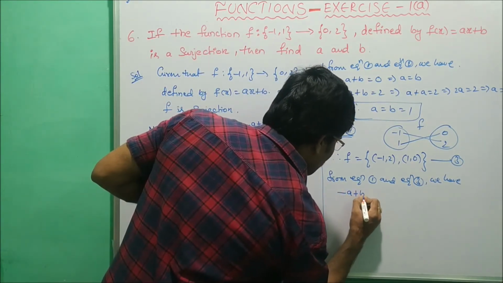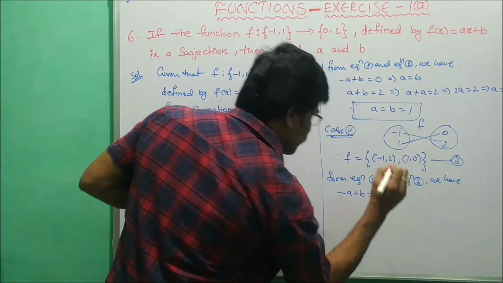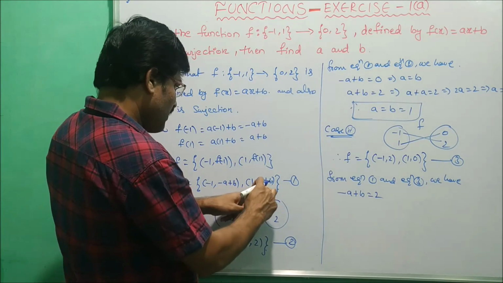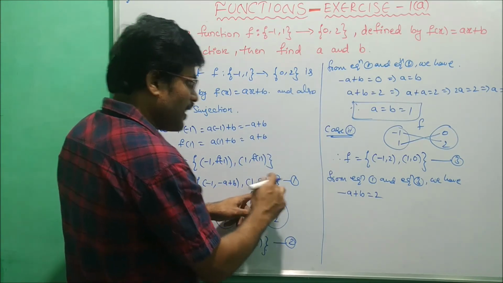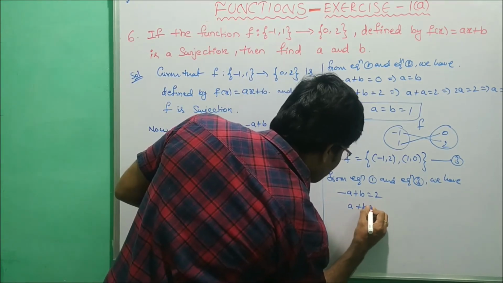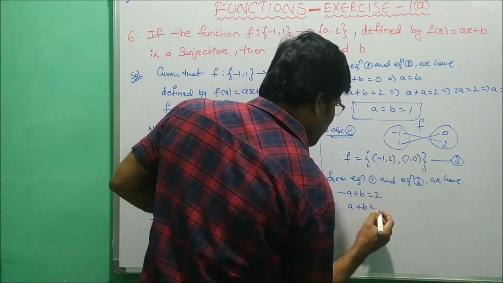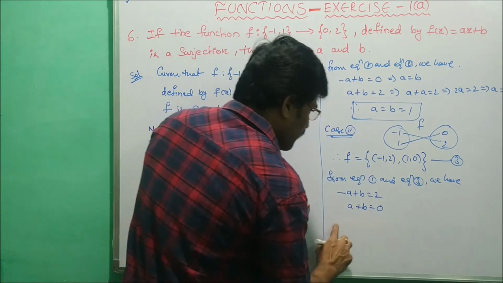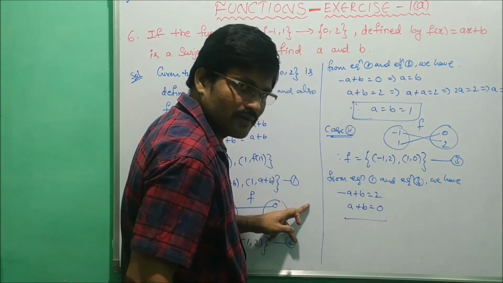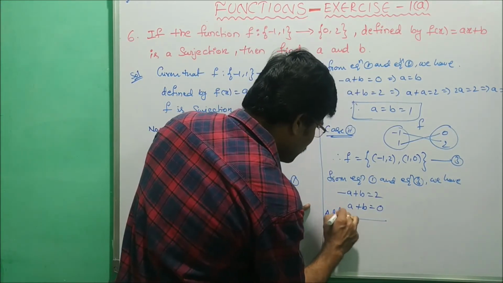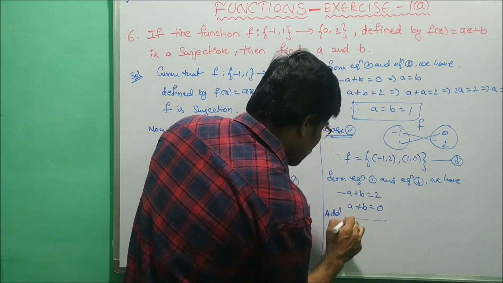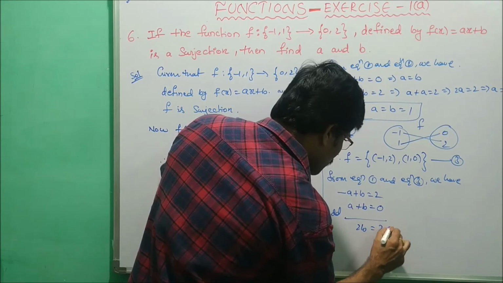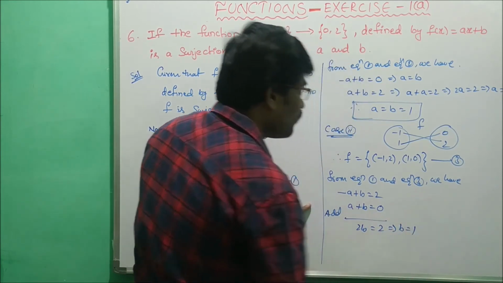So minus a plus b equals to 2. Similarly, equating the second component of the second ordered pair, a plus b equals to a plus 0. Now adding these two equations, the a's are cancelled, 2b equals to 2, which implies b equals to 1.